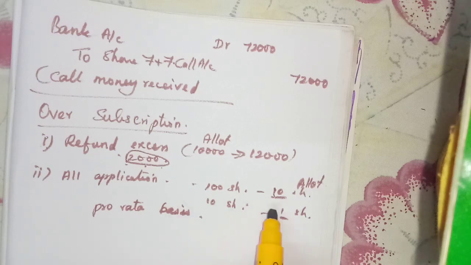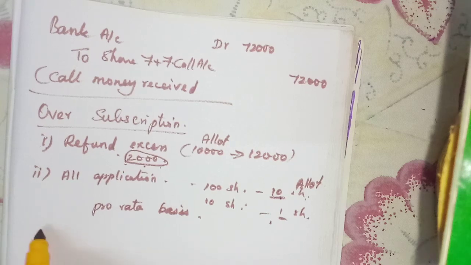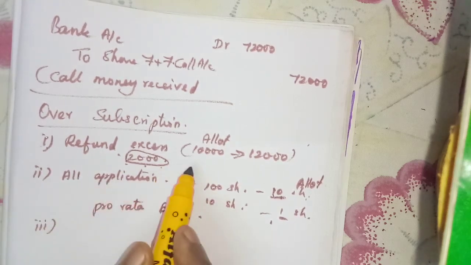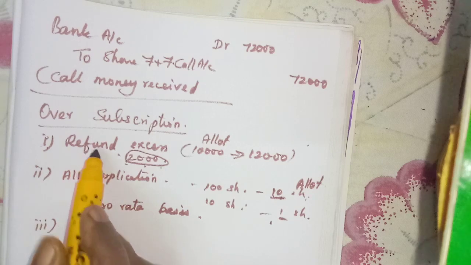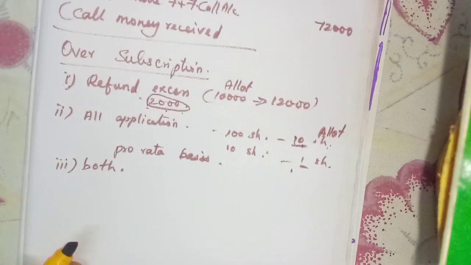When they make the allotment, they will reduce this amount and call for the remaining amount. Understood? Or they can do both: cancel some of the shares and accept the remaining. A combination of both is also possible. That is how to treat over subscription.